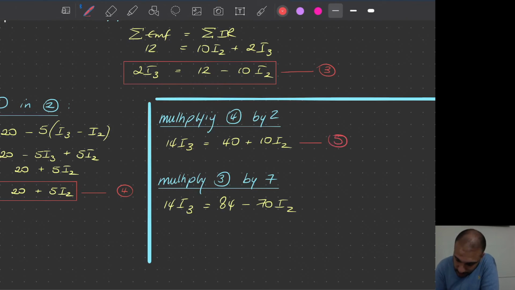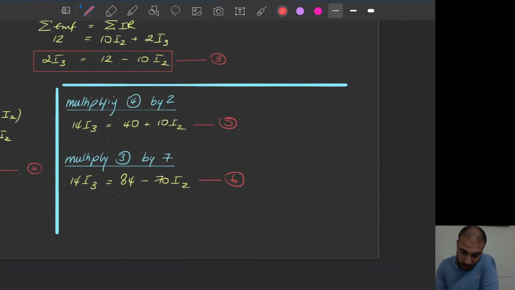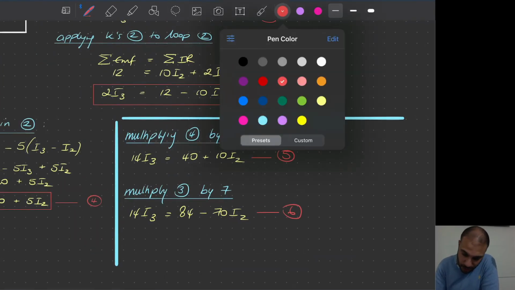Let's say this is equation 5 and this is equation 6, and now what we're going to do is equate both equations. I'm going to go to the next page.